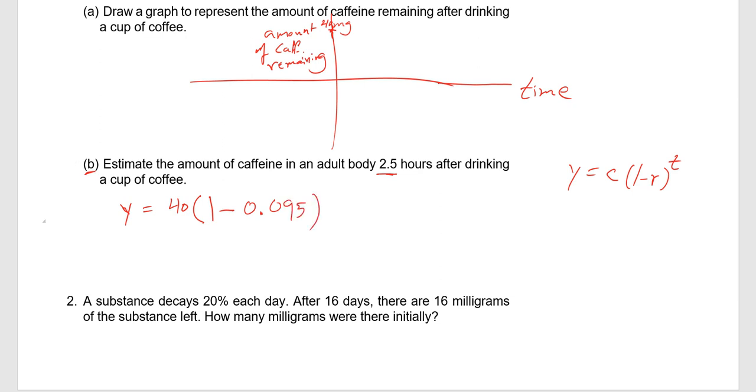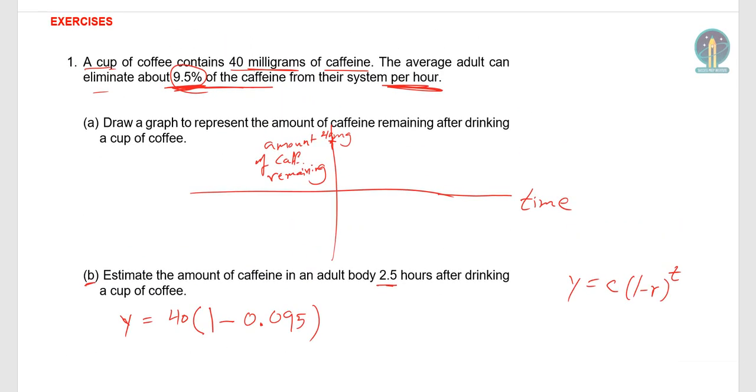This rate of decay was per hour, and we need the amount of caffeine after 2.5 hours, so my time is 2.5. Same time unit in the time variable as in the rate. Evaluating by calculator, you end up getting 31.2 milligrams of caffeine remaining 2.5 hours after drinking the cup of coffee.